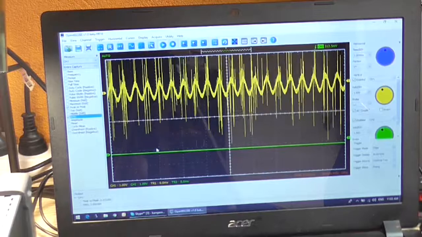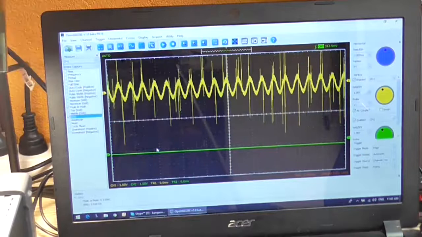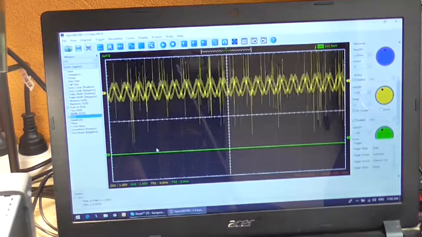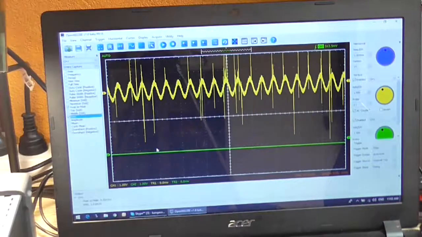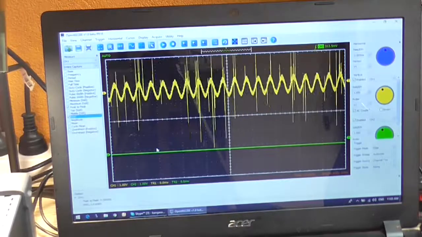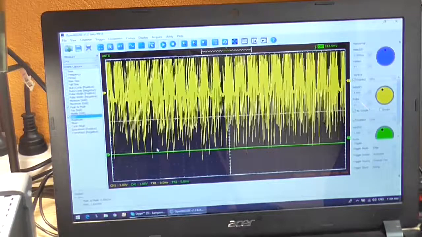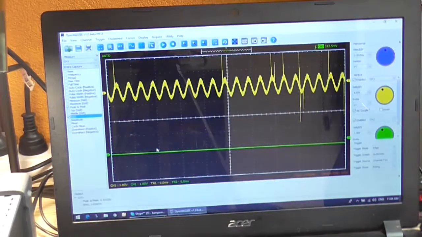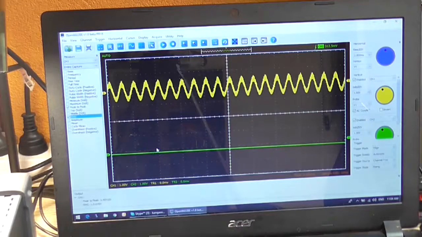Now we do have an output, and we can see a lot of ringing. That's a good indication that it's oscillating, and there's also a lot of noise artifacts on the thing here. If we play with the bias, the noise gets worse. In fact, if we turn it right there, the noise goes away.